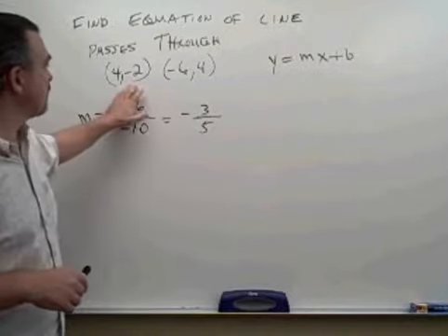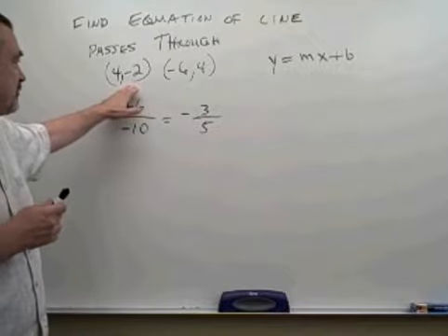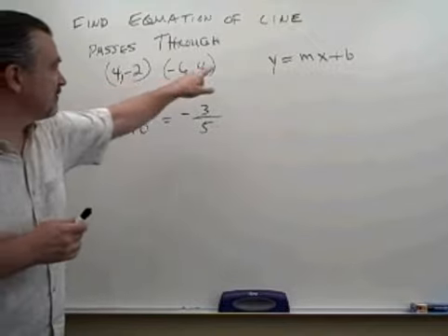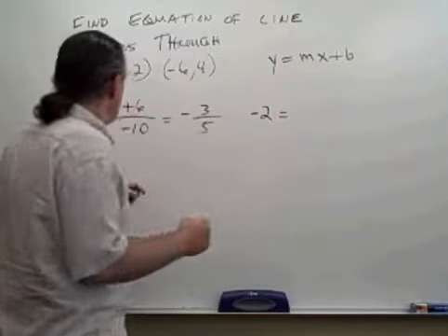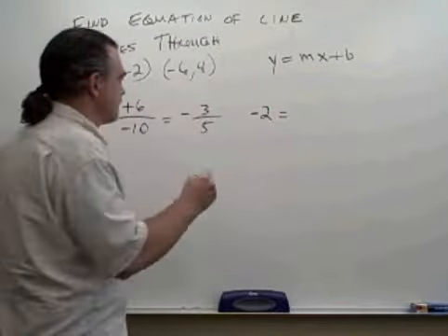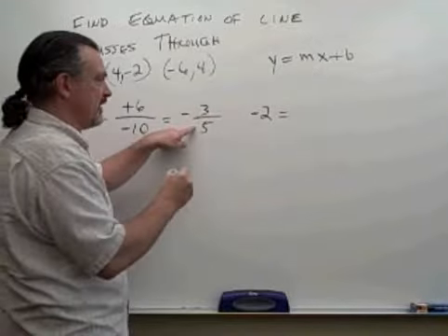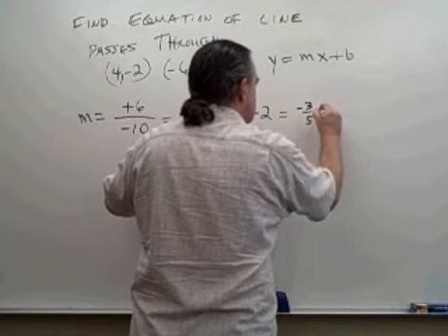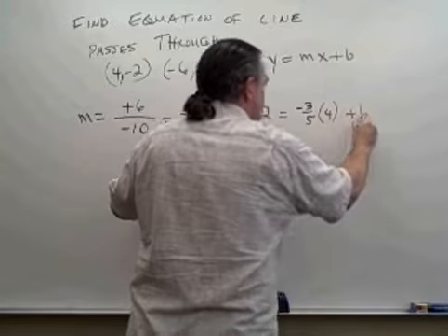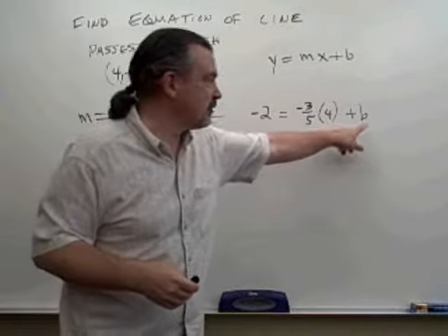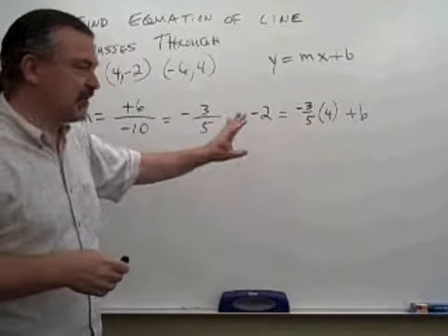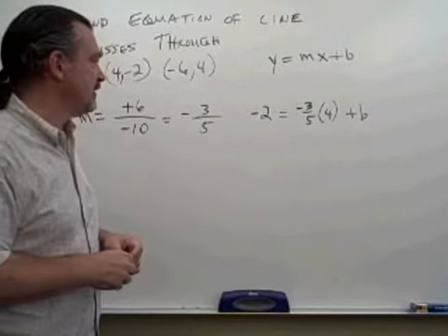So if we took one of the points, let's take the point (4, -2). We'll put in -2 for y. We'll put in 4 for x. Put in the slope value of -3/5. And we've created a linear equation in one variable. Now the only variable here is b, so we can solve that equation for b.